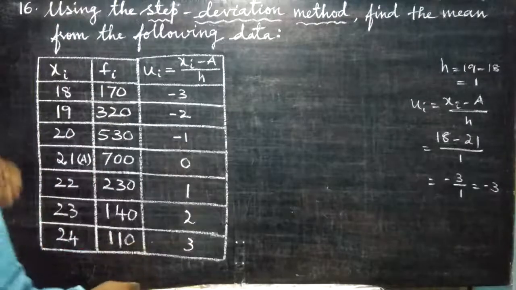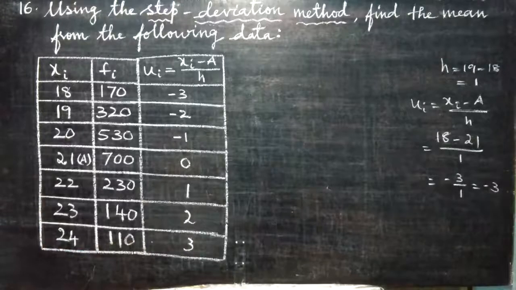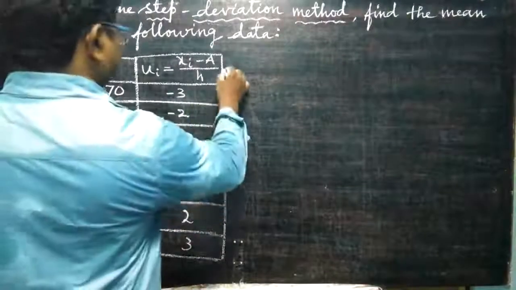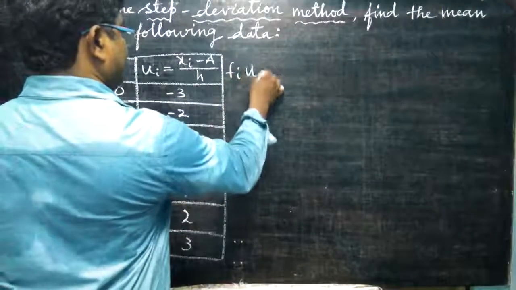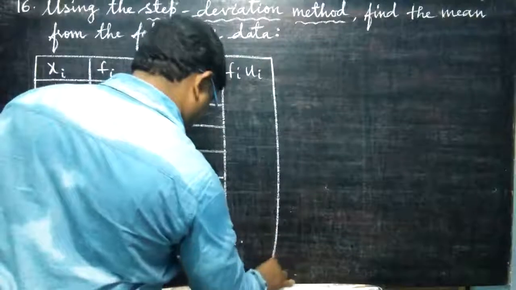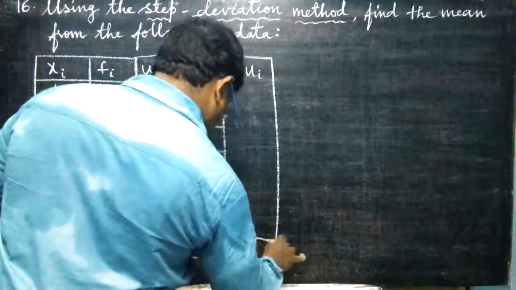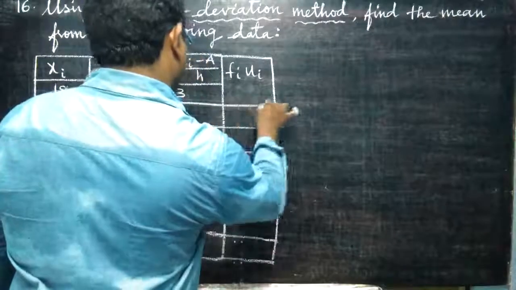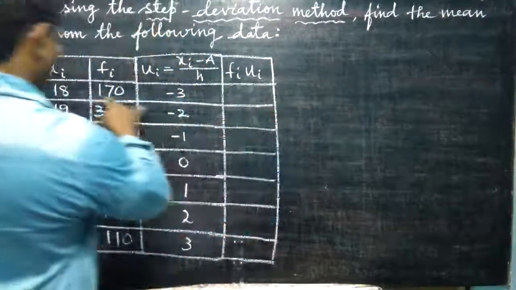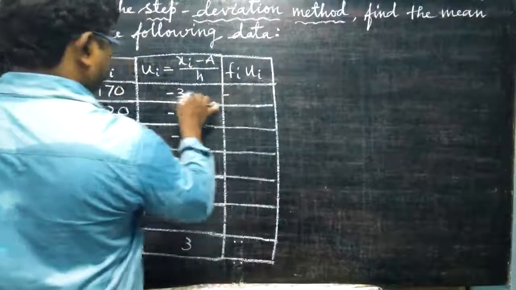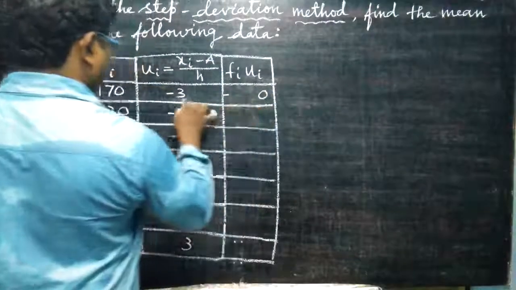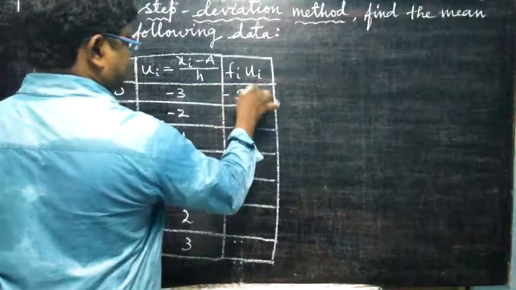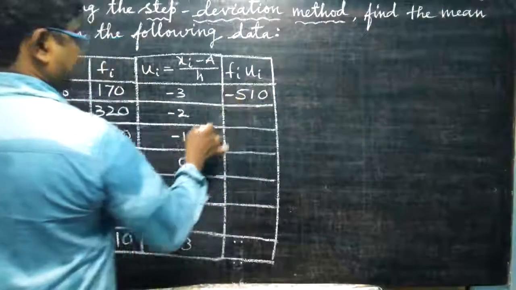Now listen carefully. Now the fourth column is fi into ui. Multiply. Easy only. With single digits you are multiplying now, so there is no need for much hard work as before. Plus into minus, minus. 3 zeros are 0. 17 threes are 51, so 510. So minus 510.